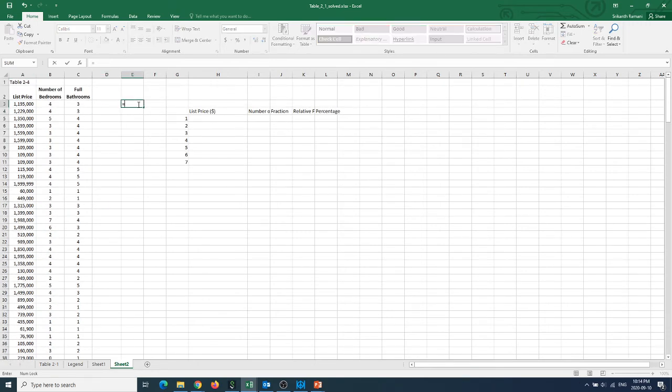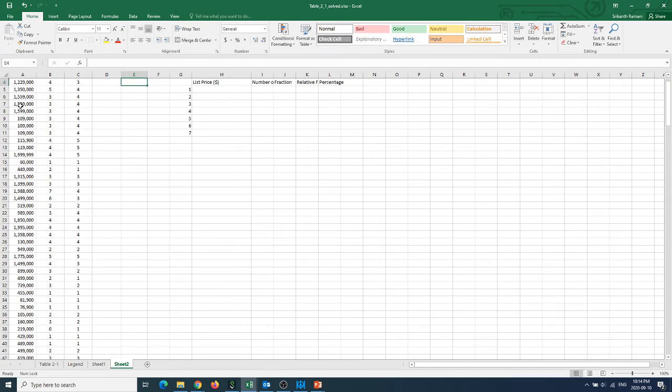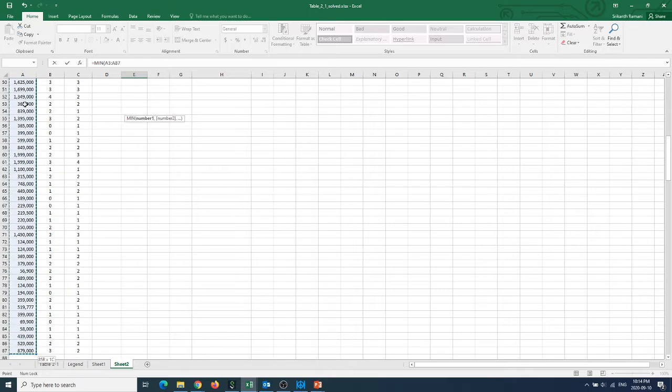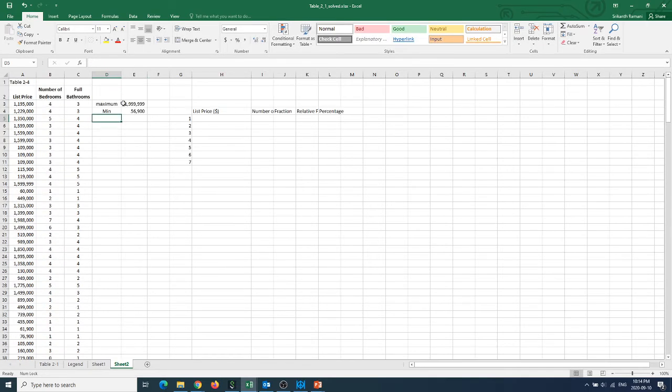But if you do not want to eyeball, if you have more than 85 observations where it's harder to eyeball, just select all the observations. And what is the max value? The max value which we eyeballed is almost 2 million, and the minimum value, use the min function, select the range, and that's $56,900.